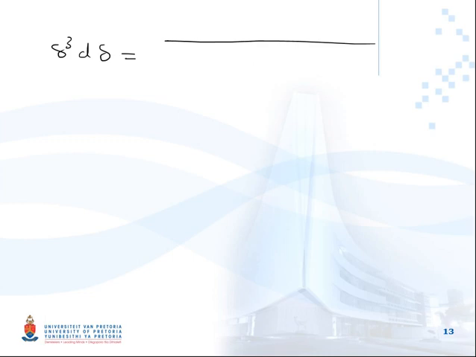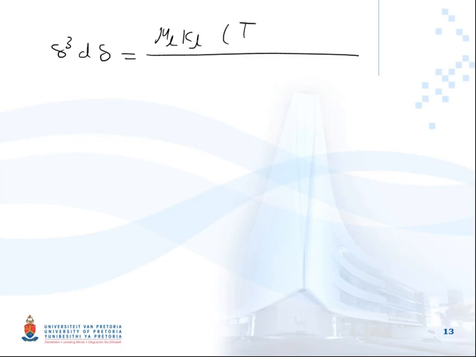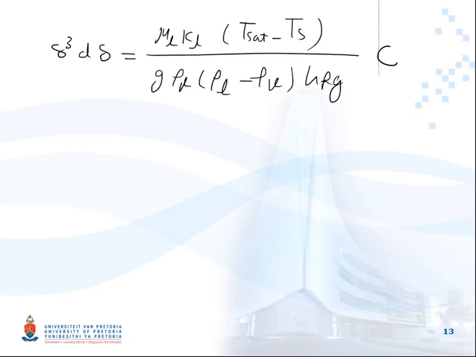Okay, so it will be very simply mu L k_L T sat minus T surface divided by rho L minus rho V h_fg, and x times c.